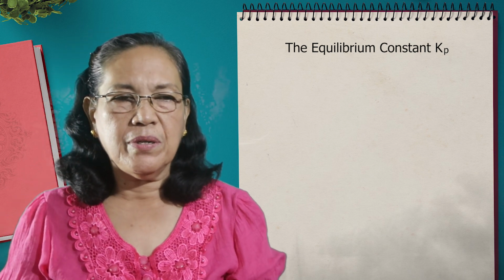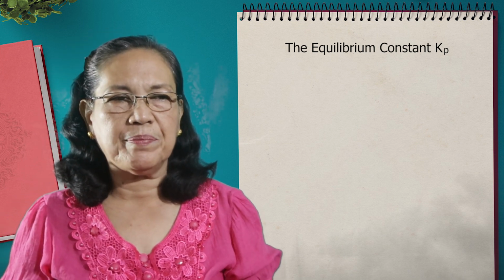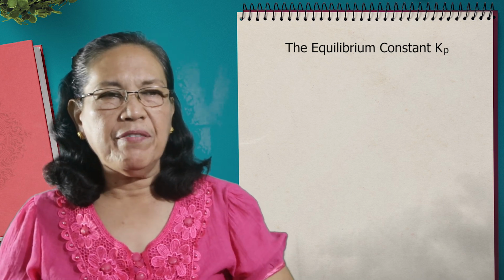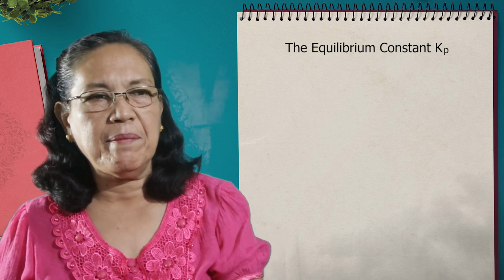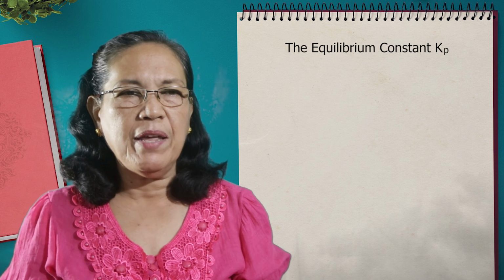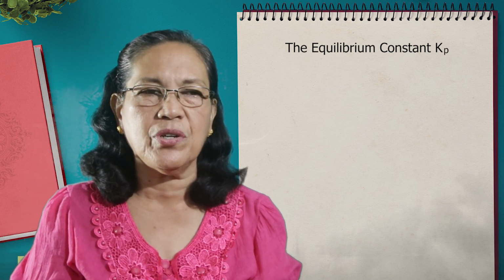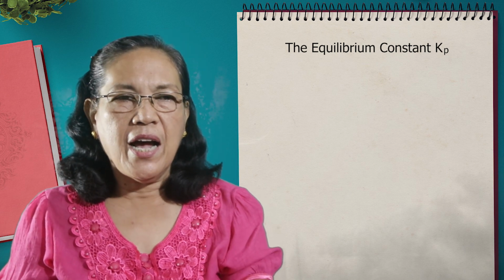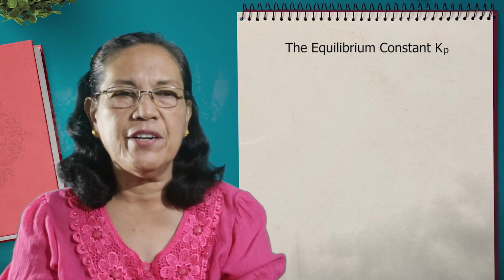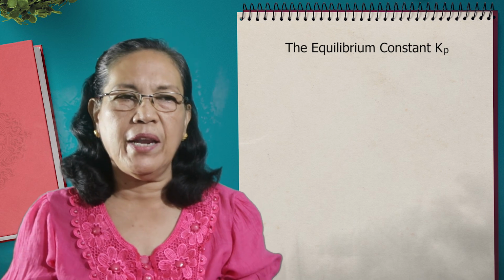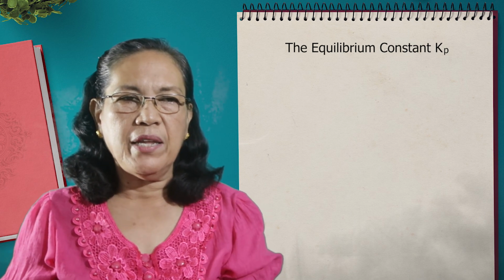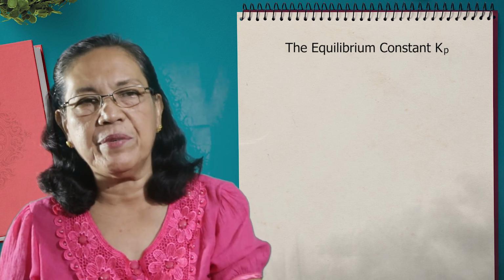Let's go to ionic equilibrium. The principle of chemical equilibrium can be applied to equilibrium systems that involve molecules and ions in water solution. In pure water, hydronium ion and hydroxyl ion exist in equilibrium with the water molecules from which they are derived.